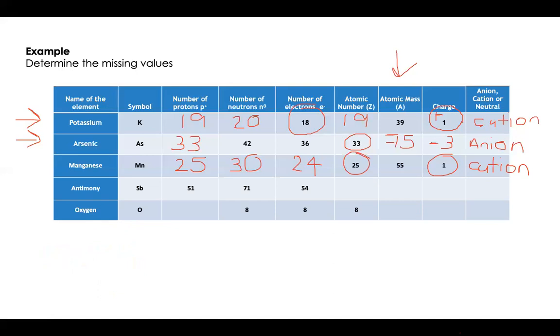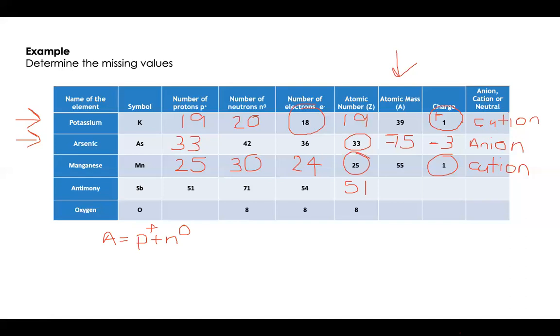So just by looking at this, we can say that the atomic number is equal to the number of protons. So in this case, the number of protons will be 51. So the atomic number is 51. The atomic mass is going to be equal to the number of particles that we have in the nucleus, which is protons plus neutrons.